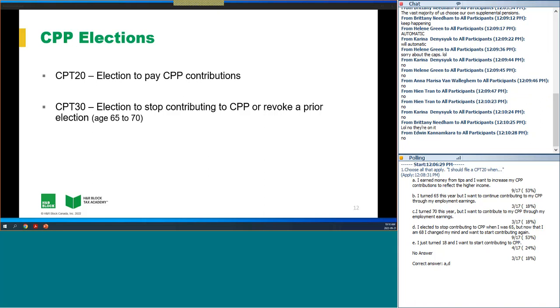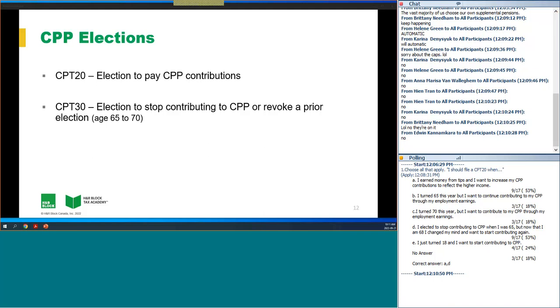So what about stopping CPP? I'm going to do the same type of poll and ask you, when should you file a CPT 30? Okay. And again, giving you a shorter time limit, it might be all of them. It might be multiple. It might only be one. Okay. So I should file a CPT 30 when A, I earn money from tips, but I don't want to put CPP on them. I don't want to contribute to CPP.